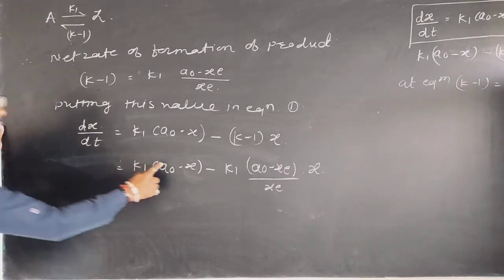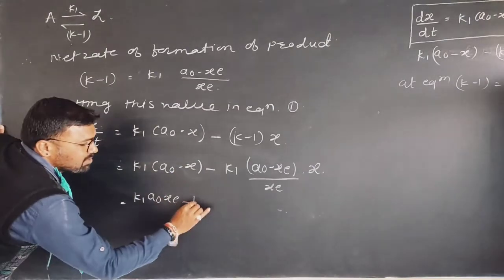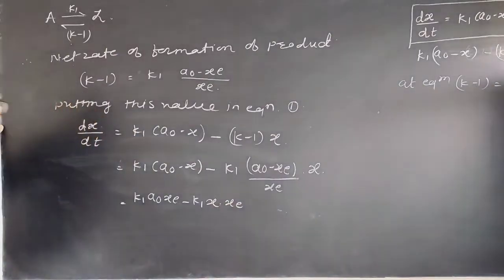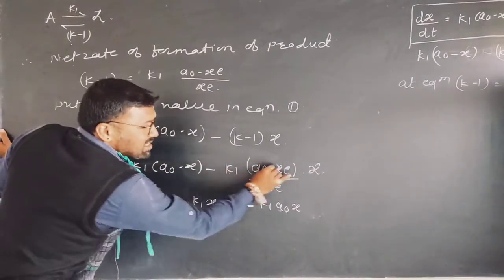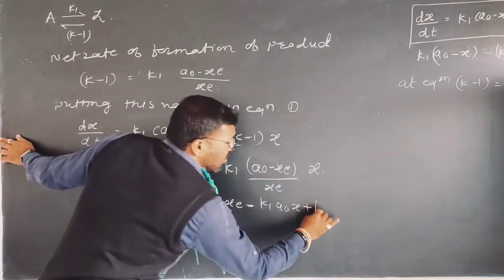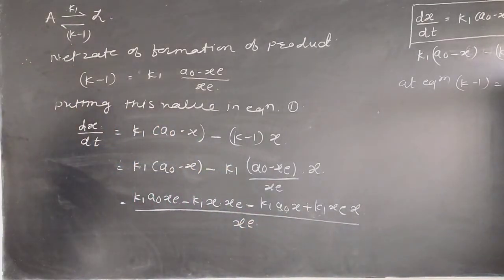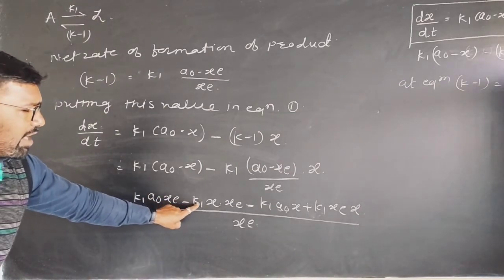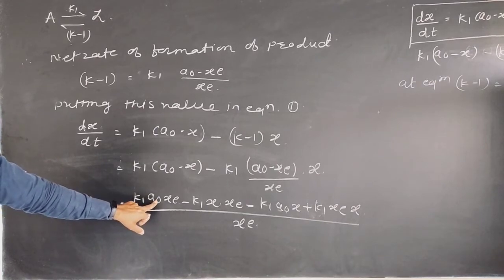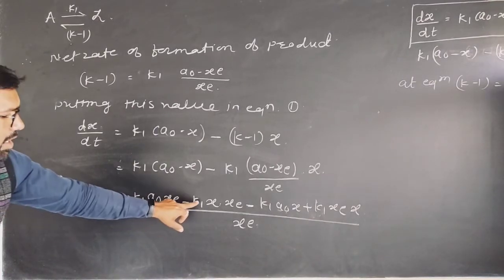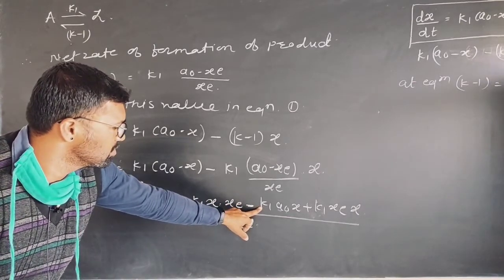Now simplify this equation by cross multiplication. We get k1 into a0 into xe, k1 into x into xe, again minus k1 into a0 into x, and minus minus becomes plus, that means plus k1 into xe into x, divided by xe. The denominator is common.